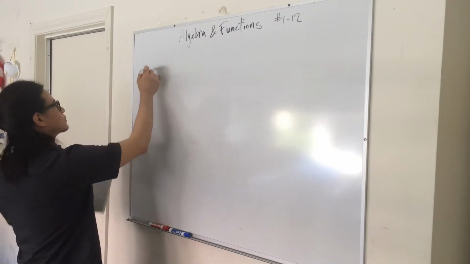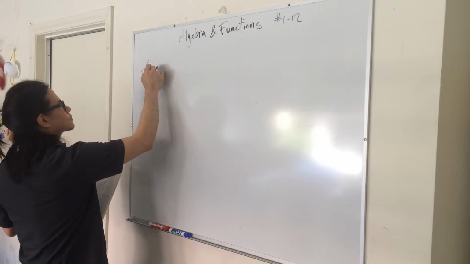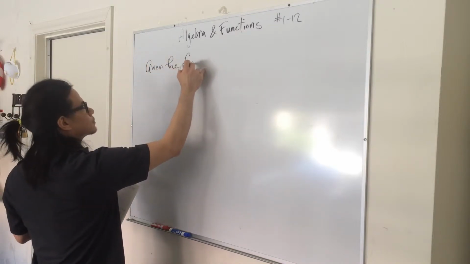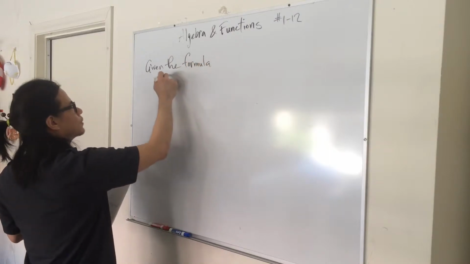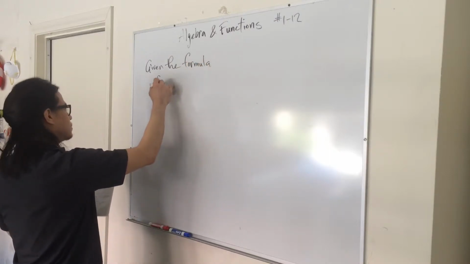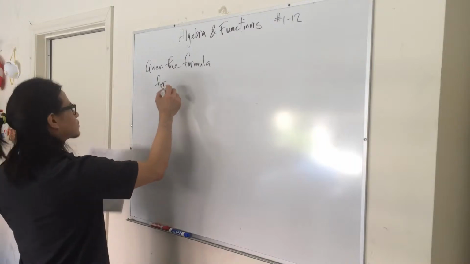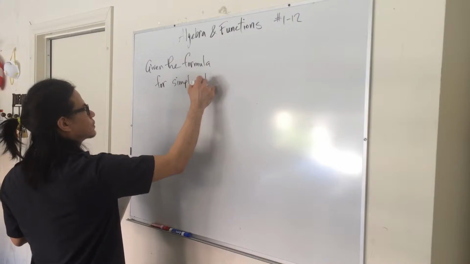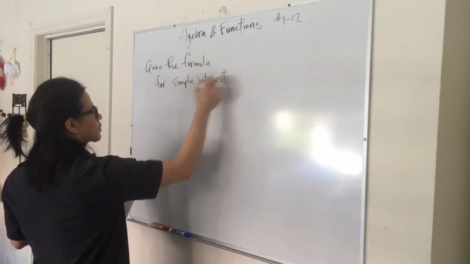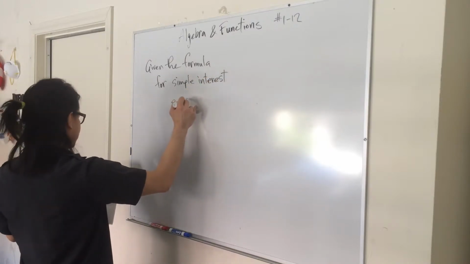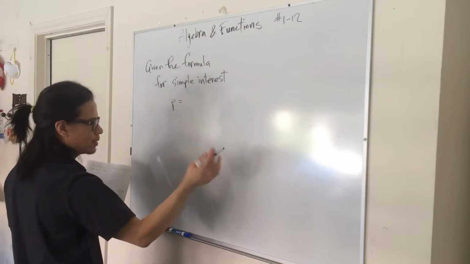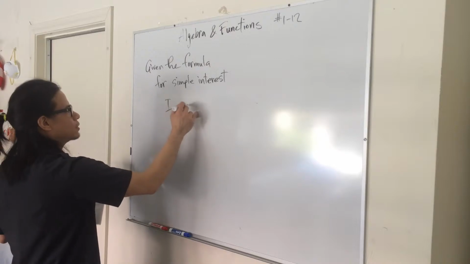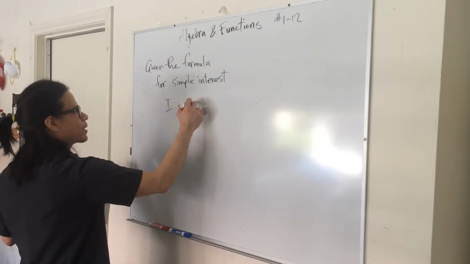So let's say, given the formula for simple interest, remember this is for simple interest. P equals IRT, or better yet, I equals PRT.